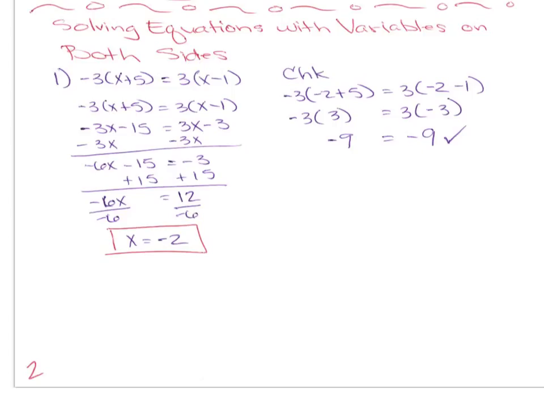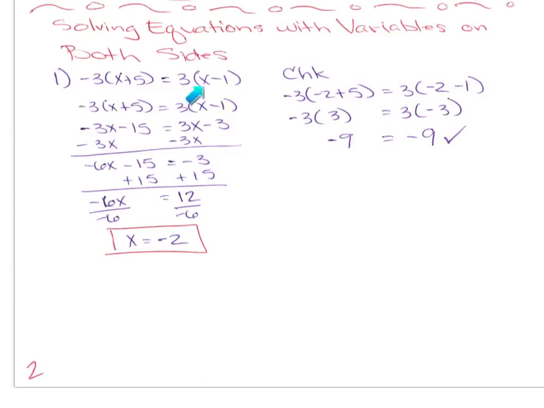So your goal is to move all the variables to one side of the equation and then the numbers or anything else on the other side. There's really no preference if you move your variables to the left-hand side or the right-hand side. It's just a matter of how you want to set it up.